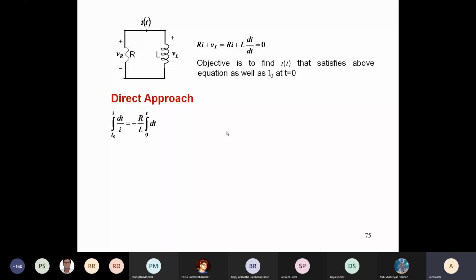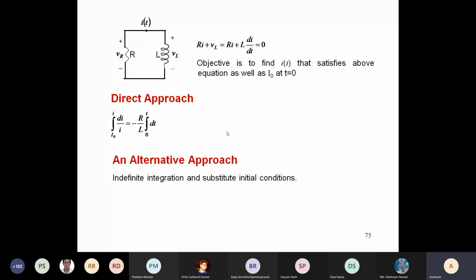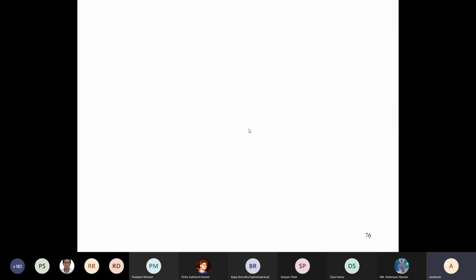What is required is that time starts at some instant, at 0, and we want to know what happens at a particular time t in that circuit. If at time 0 there was some initial current I naught, this will be the limits of the integration. So ultimately we get the value of current in this form: i equals I naught e to the power minus R by L t.